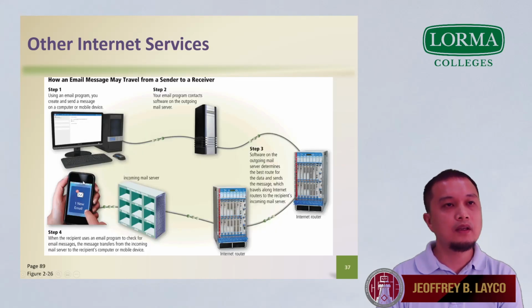This figure shows how an email message may travel from a sender to a receiver. When you send an email message, an outgoing mail server determines how to route the message through the internet and then sends the message.